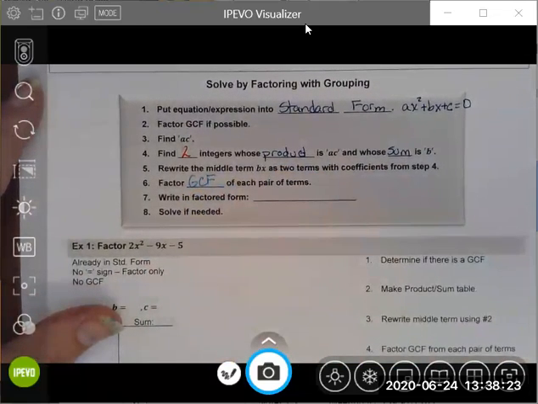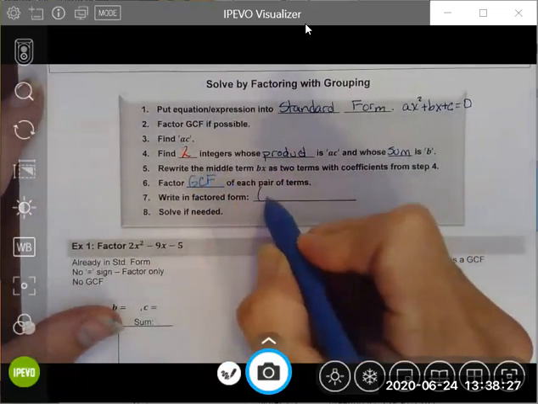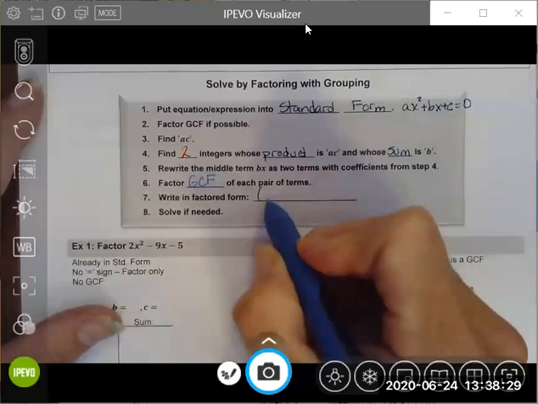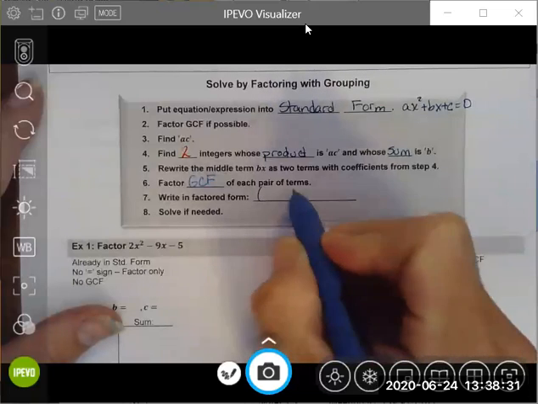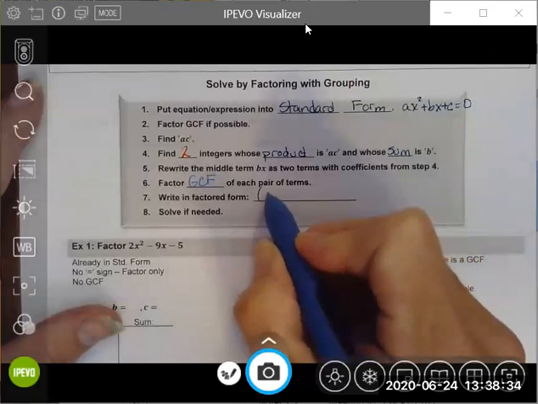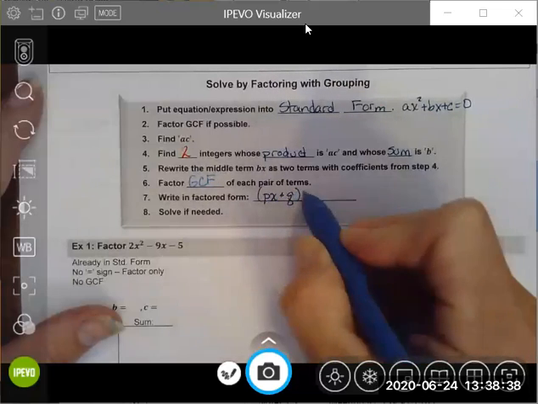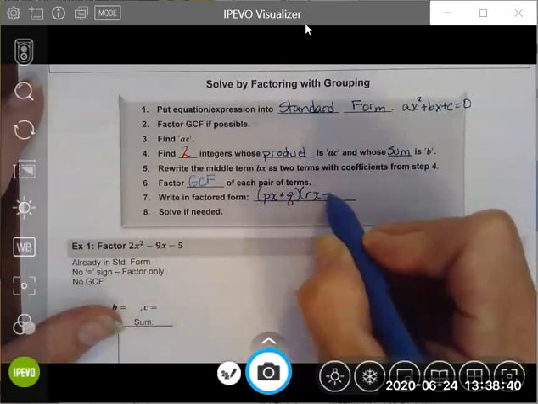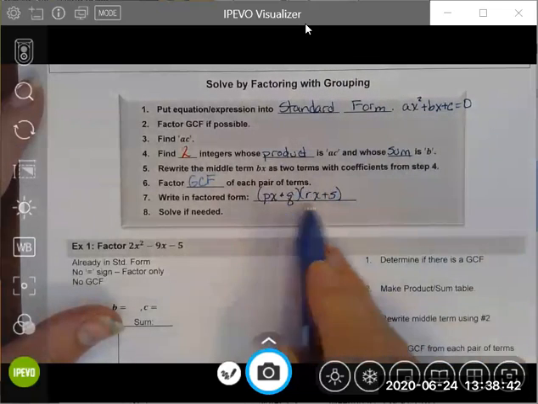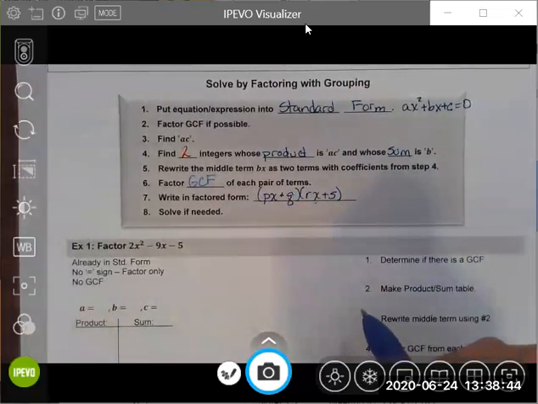Once we have that, we're going to write it in factored form. If you'll remember, factored form looks something like, this would be p of x plus q, and this might be r of x plus s, something like that. But this would be considered factored form.